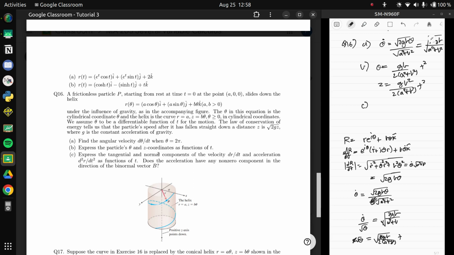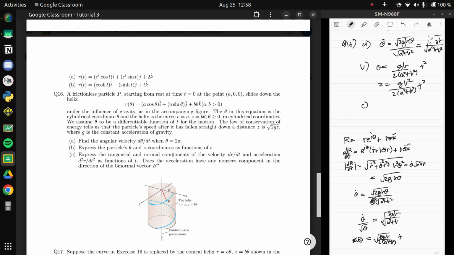So I guess we already did the velocity, right? The tangential and normal components of velocity and the acceleration. What do you mean the tangential and normal component?